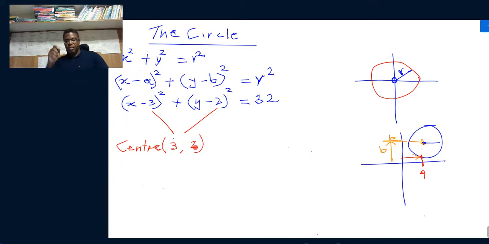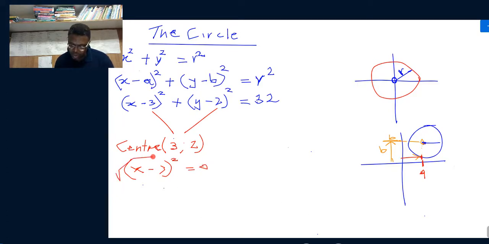Why do you say it's (3; 2)? It's simple algebra. You have x minus 3, all squared, equals 0.